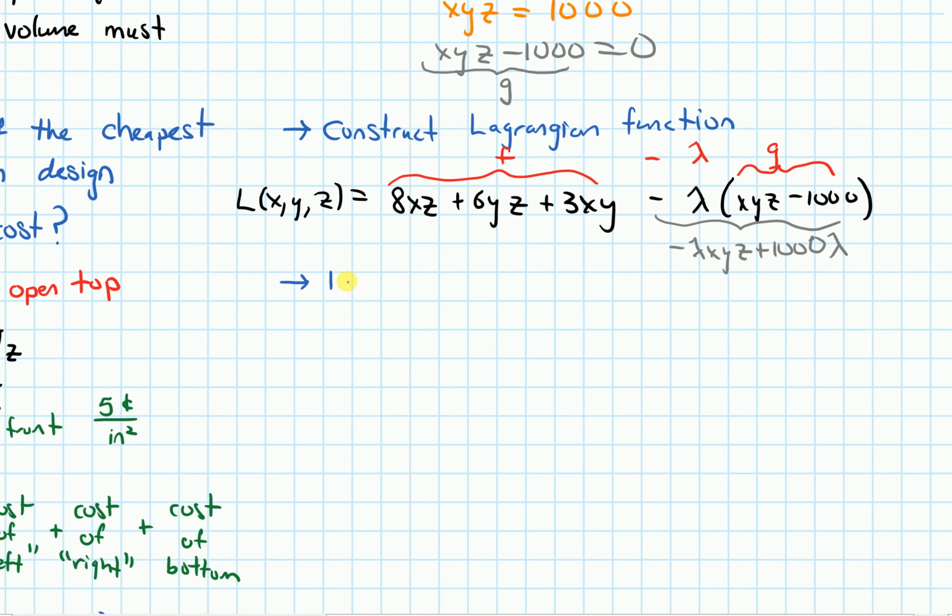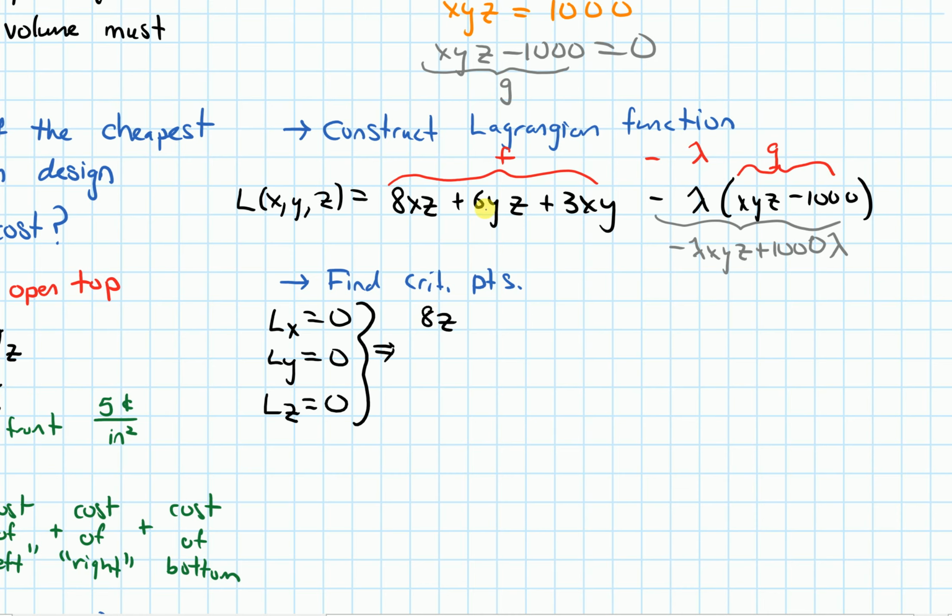Now we want to find the critical points of this. So we are going to need to take some partial derivatives. Lx, set that equal to 0. Set Ly equal to 0. And Lz, because there's 3 variables this is in terms of. And taking these partial derivatives now, the partial with respect to x of the first term is 8z.